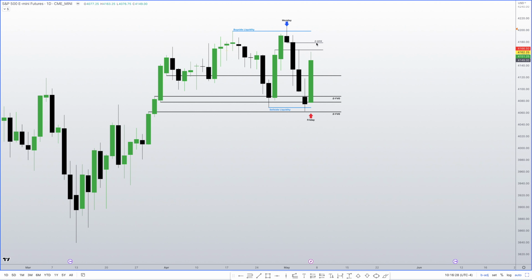Now this one I have labeled as a BPR, which stands for balanced price range. So remember that this is an inefficiency because it traded up too fast. So when we have this low and this high, it starts off as the fair value gap.